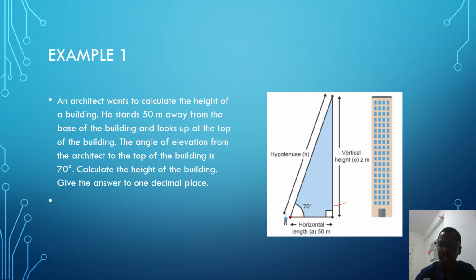So, following that, they have created this triangle. From the base of the building to where you are standing, measuring the angle of elevation, is 50 meters, and the angle of elevation is 70 degrees. We can use this information to calculate the height of our building by applying trigonometry formulas.